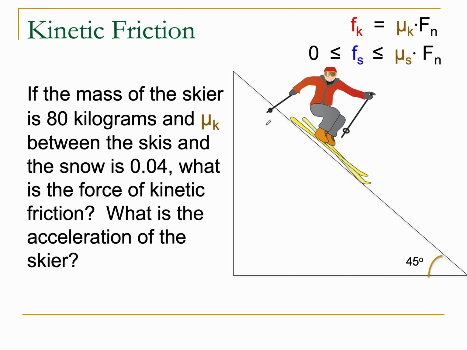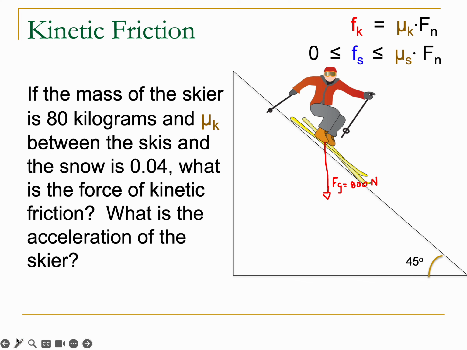How about this one? This time the skier is on a slope. And we're given the mass of the skier. So let's do the easy parts first. Force of gravity is going to be 800 newtons. And again, when we're dealing with things on slopes like this, we always break it into its components that are perpendicular and parallel. Forgive me for a moment as I double check to make sure my numbers are right. Okay, yeah.